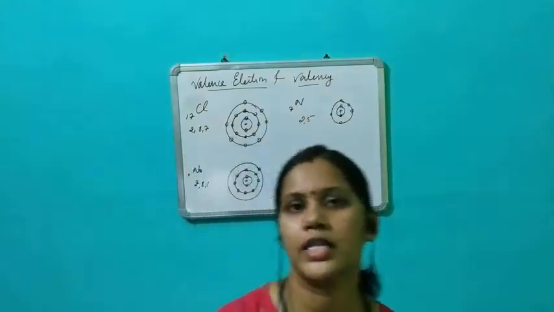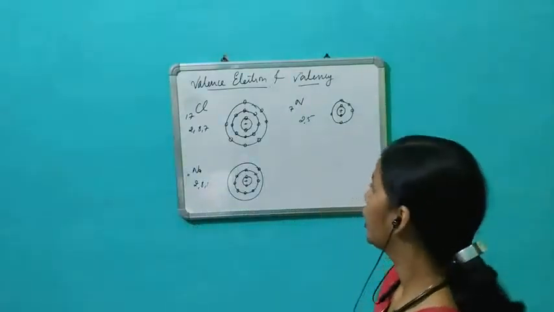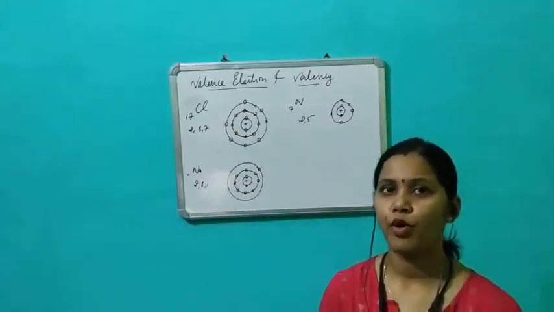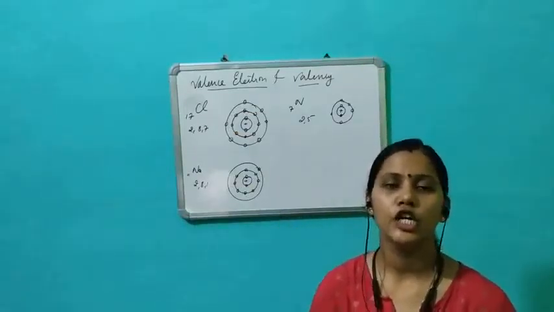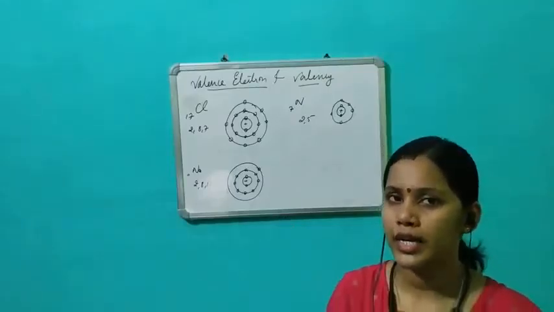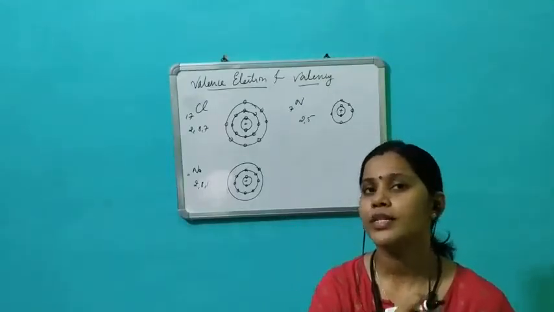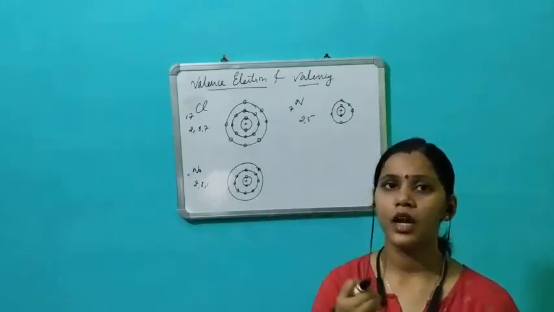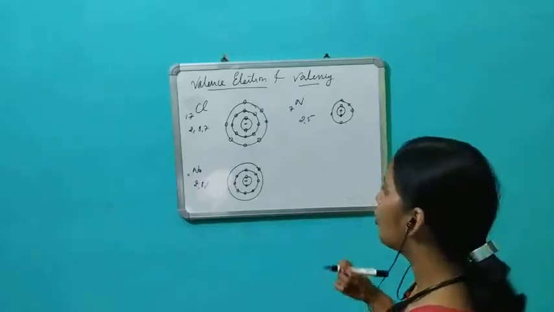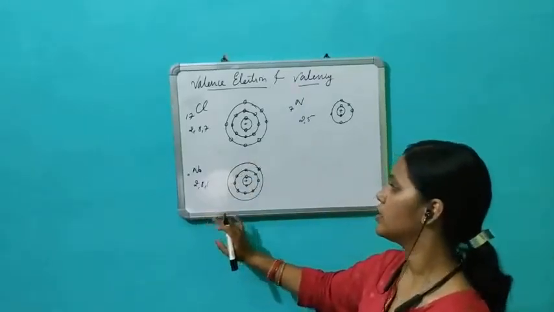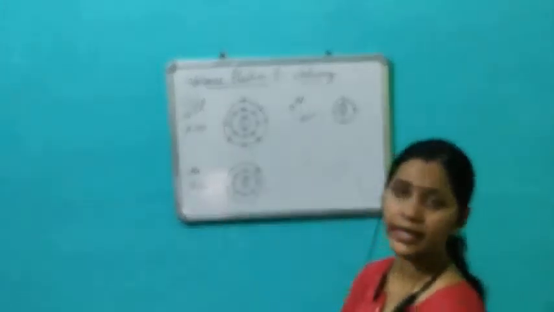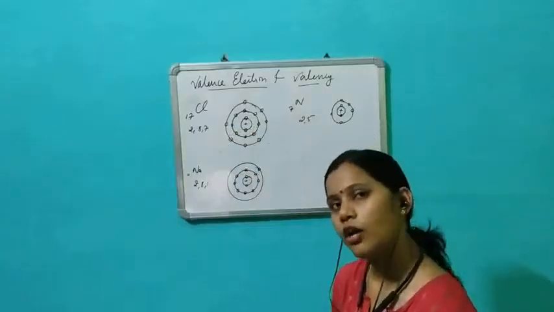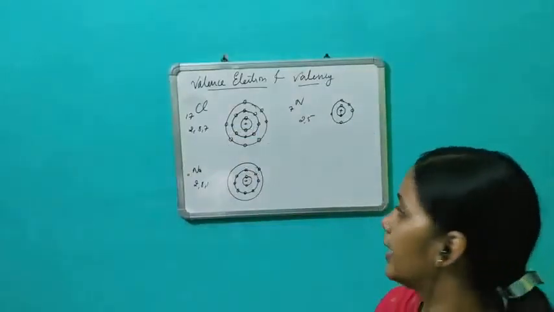So what is valency and what is valence electron? In case of all these three, we know that metals are electropositive elements that have a tendency to lose 1, 2 and 3 electrons, whereas non-metals are electronegative elements that have a tendency to gain 1, 2 and 3 electrons. So here sodium is an electropositive element. It can lose 1 electron, whereas nitrogen and chlorine are non-metals and they have a tendency to gain electrons.